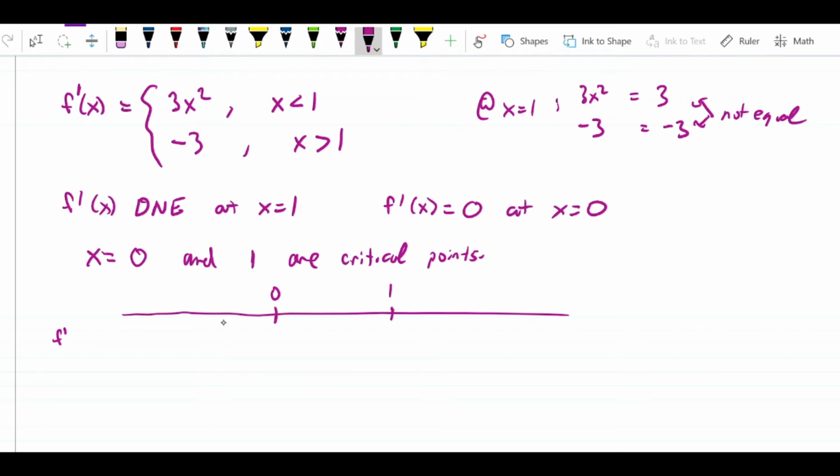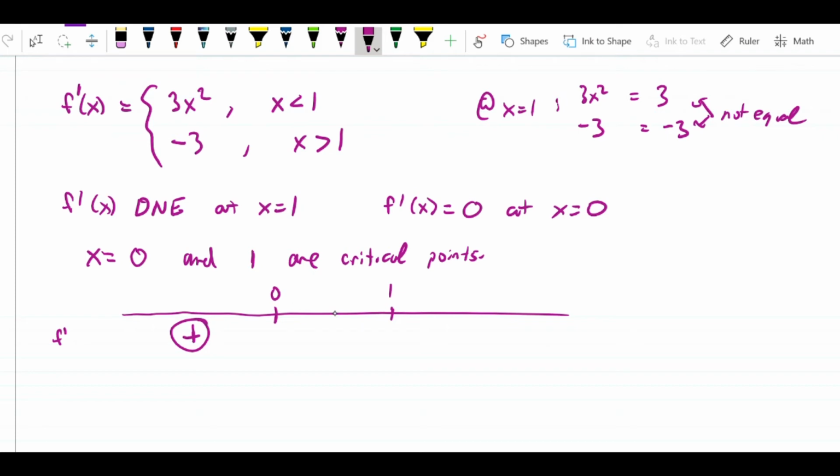So for numbers that are less than 0, we're going to be using this expression for the derivative. If I square a non-zero negative number, I get a positive number. So 3x squared for any values that are less than 0 is always going to be positive. So we have positive there.